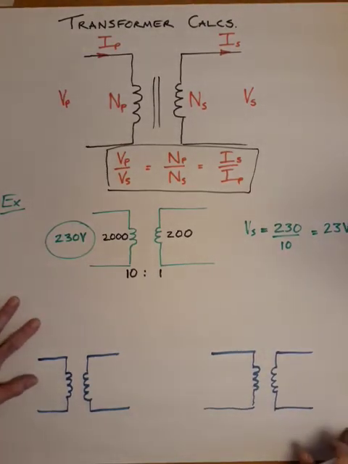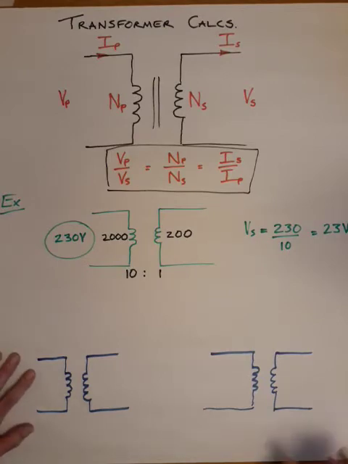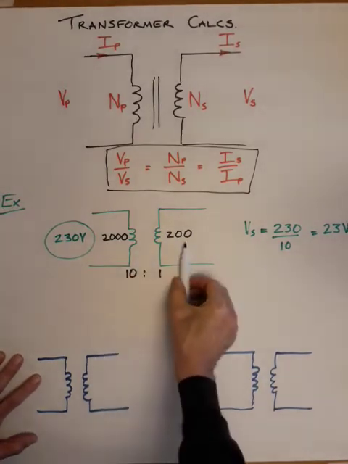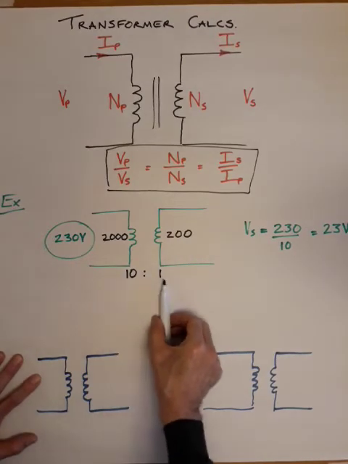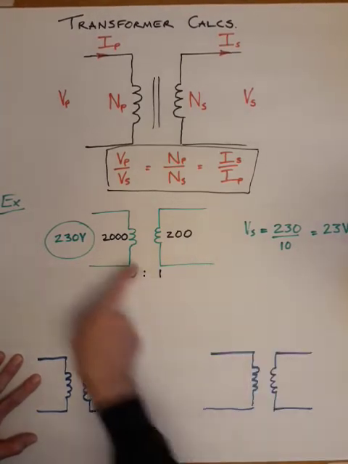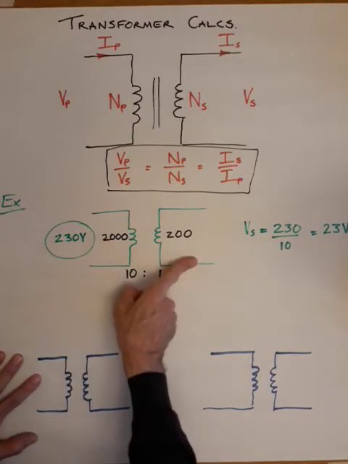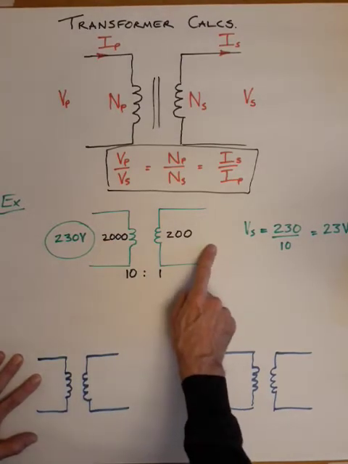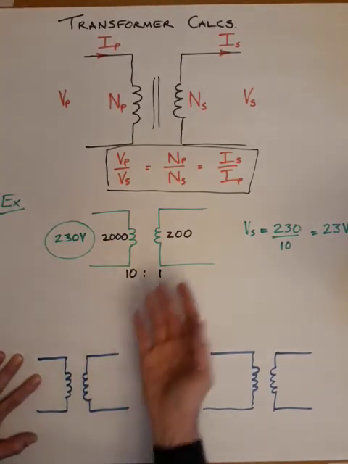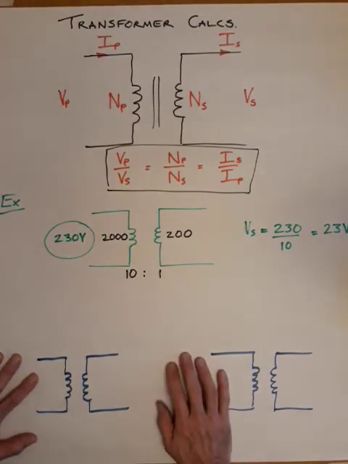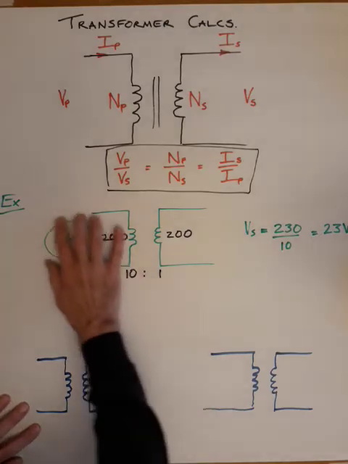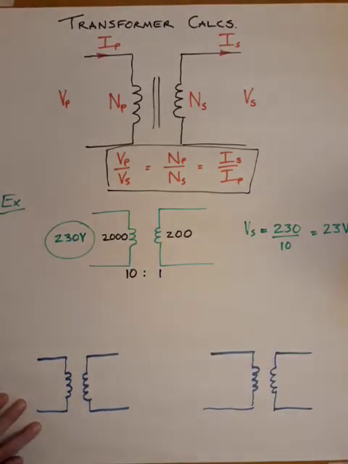I hope that makes sense. So that is a straightforward ratio. Won't always be as comfortable as 10 to 1. And this is a step down transformer where the output voltage, the secondary voltage, is smaller than the input. It could be the other way around, that we're doing a step up transformer. So that was about voltage and turns.